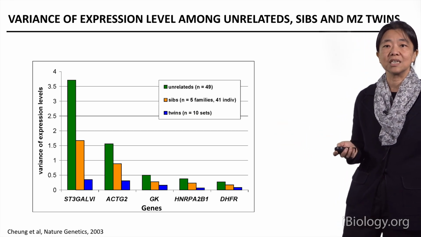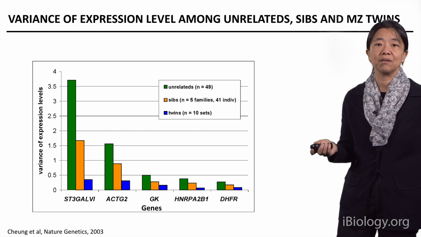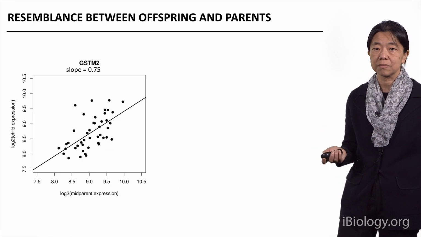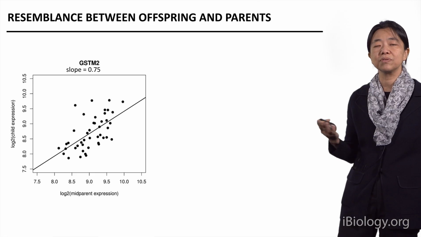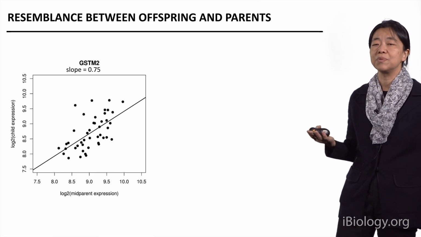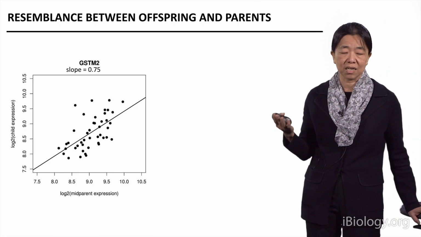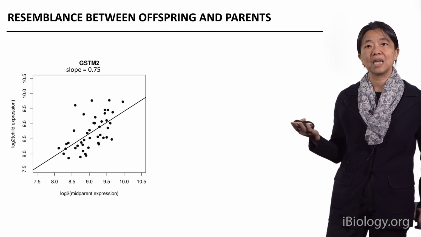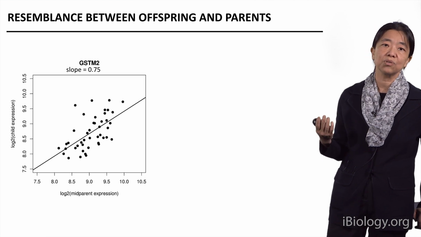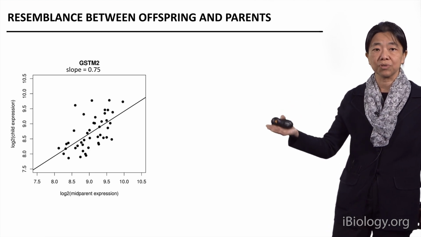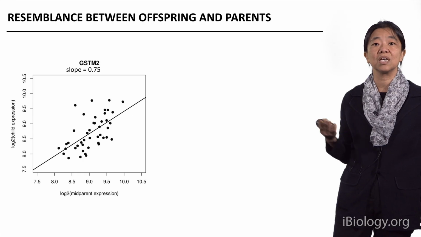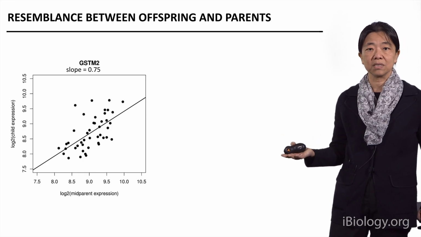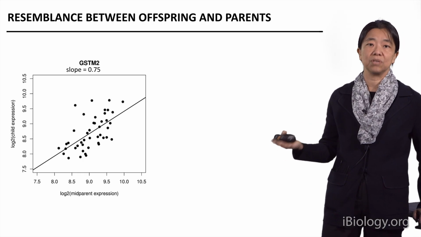But we can look at this much more formally by calculating heritability. In order to calculate heritability, we can ask, what does it really mean for a trait to be genetically controlled? If that's the case, then when parents give the trait to their children, or when the children inherit a trait from their parents, they should be more similar to their parents.